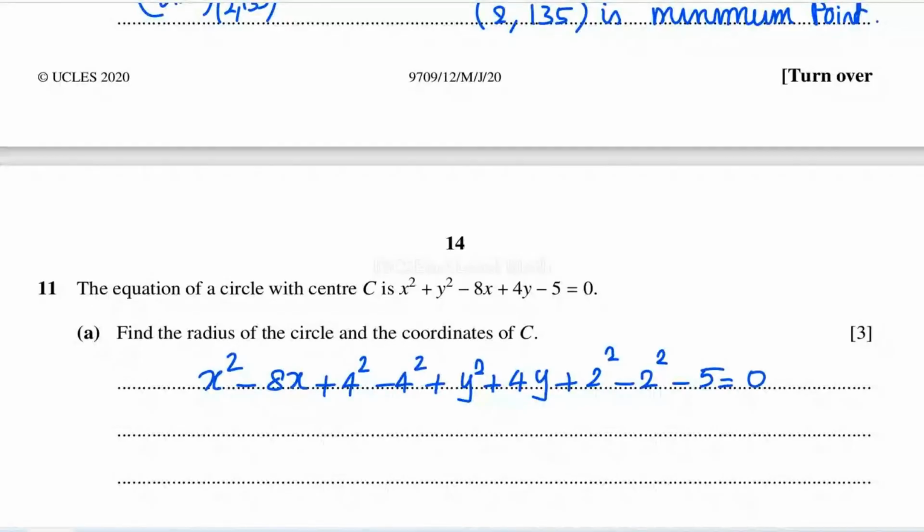So now x square minus 8x plus 4 square can be written as x minus 4 the whole square, plus y square plus 4y plus 2 square can be written as y plus 2 the whole square. Now combine the remaining terms, negative 4 square, negative 2 square, negative 5, which gives negative 25.